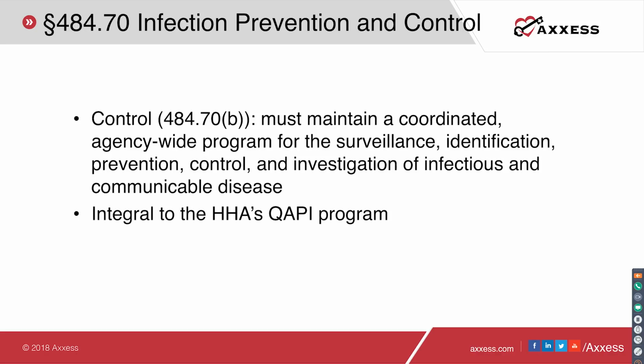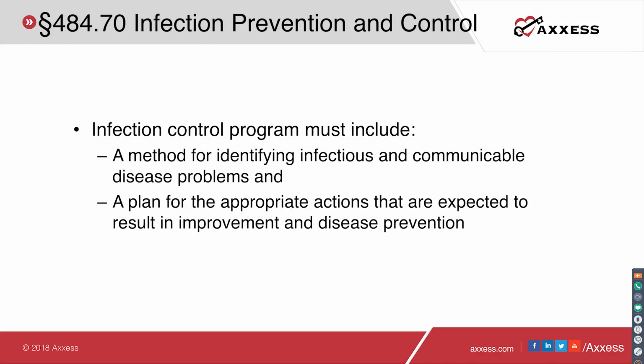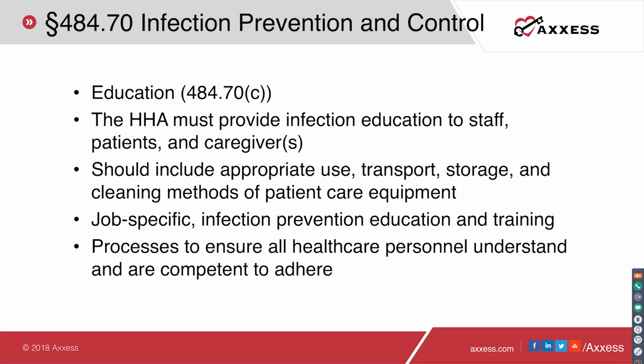For the infection control program, you also see there's new standards that we have to include a method for identifying infectious and communicable disease problems and a plan for appropriate actions that are expected to result in improvement in the disease prevention. That may not be as new, but certainly what you see under the education standard here at 484.70(c), this is new.